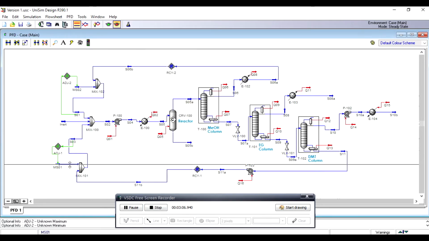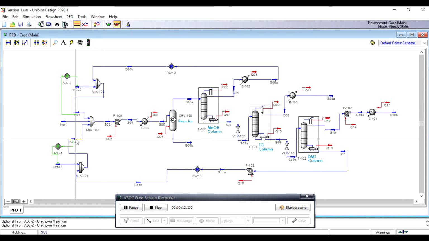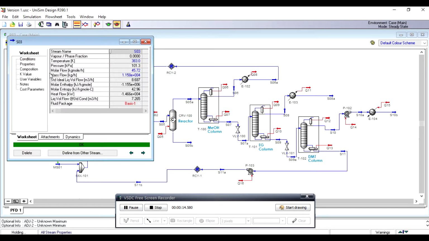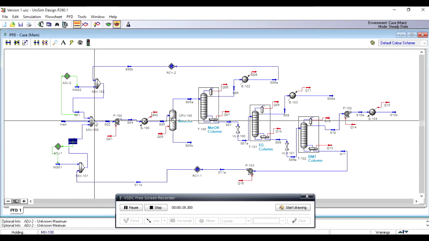In version 1 of our simulation, we feed excess methanol into the mixer, inert hexane at 0.05%, and 11,456 kg per hour of PET into the mixer.